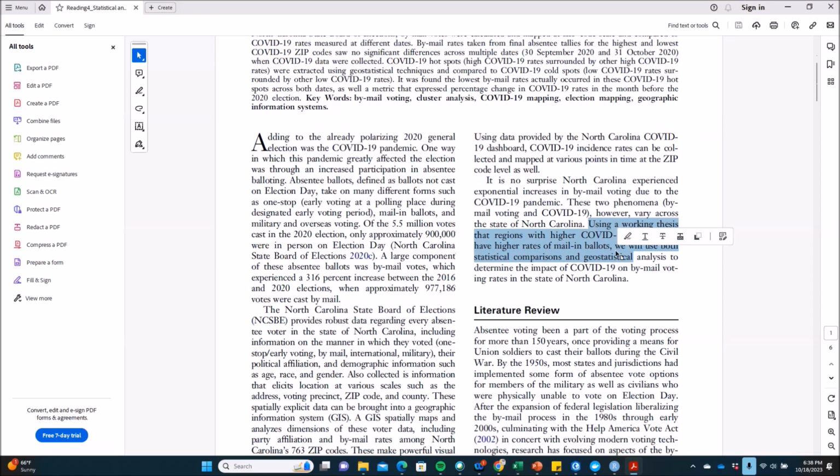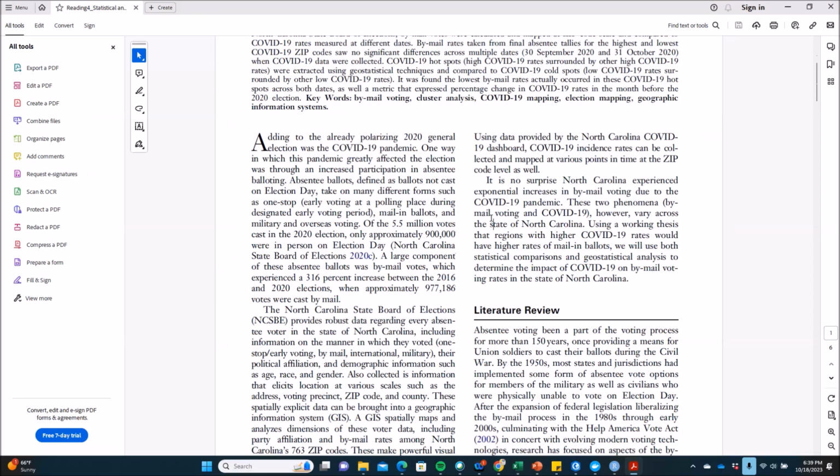So sitting right here, I've got a null hypothesis that we can extract out. Now, I don't state that null hypothesis later, but I've got a null hypothesis. So my null hypothesis is that by-mail rates in high COVID regions equals by-mail rates in low COVID regions.